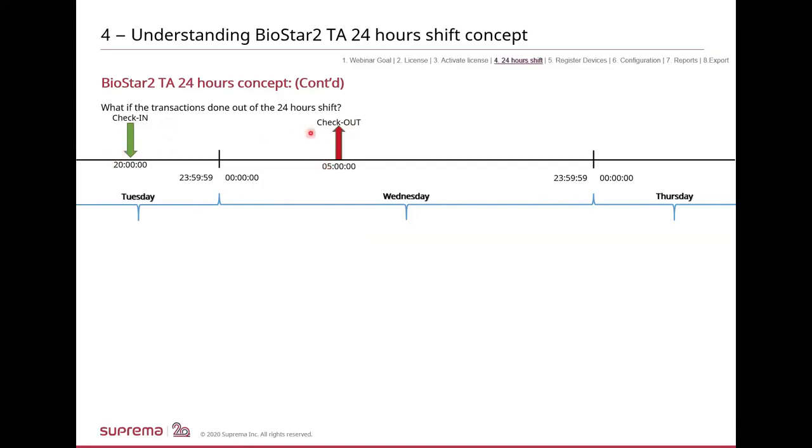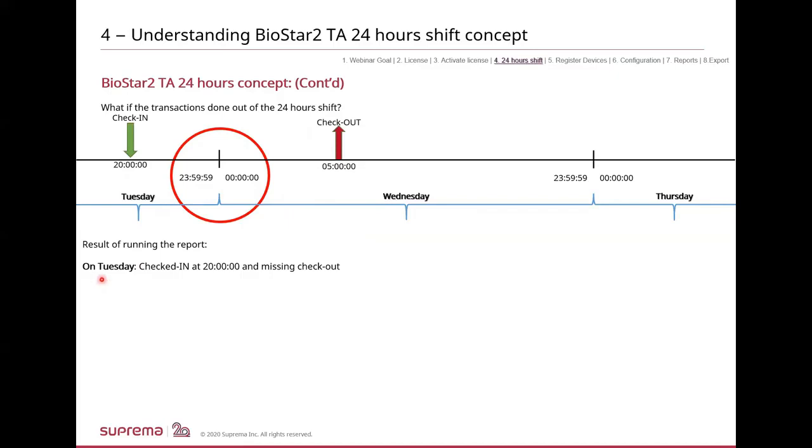Now both transactions are not within 24 hours because you have passed the day start time. So when you run the report for such a case, on Tuesday, the report will show that on Tuesday you have checked in. Yes, you have checked in at 8 p.m.